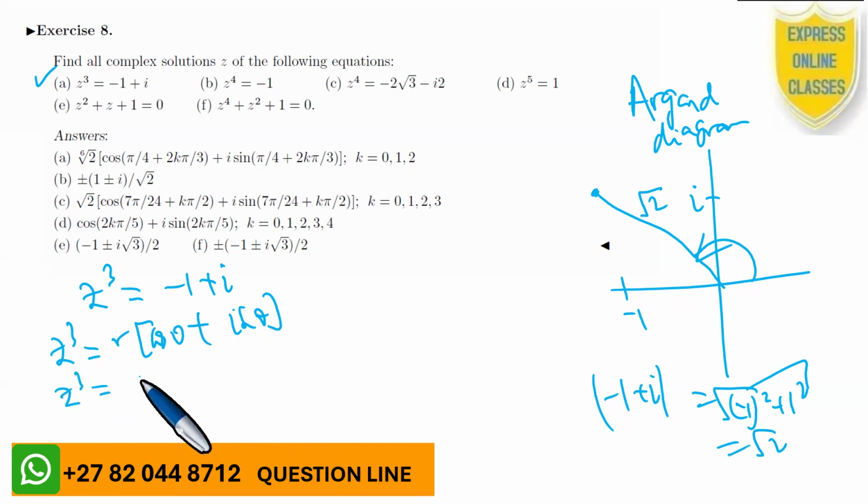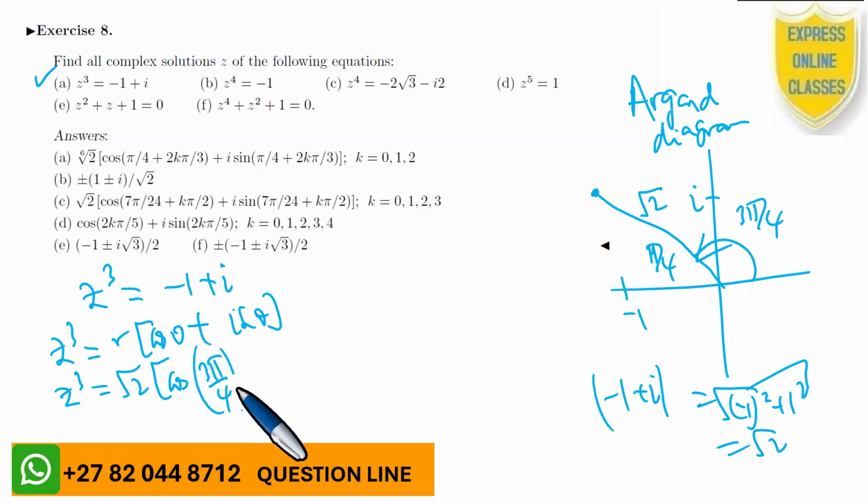The radius is the square root of 2. And then the angle is pi over 4, 3 pi over 4, which is 3 pi over 4.